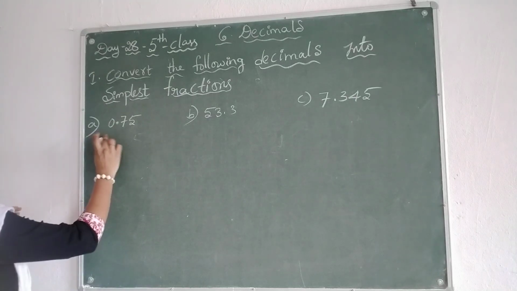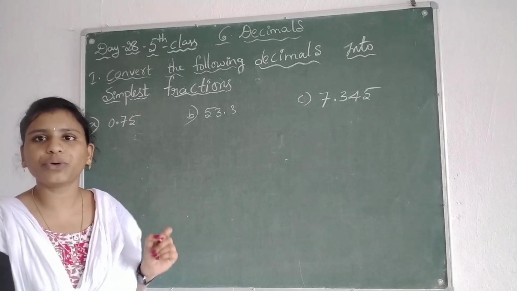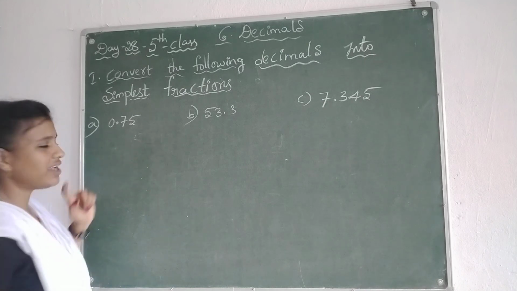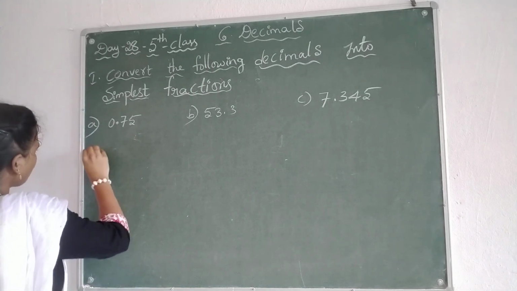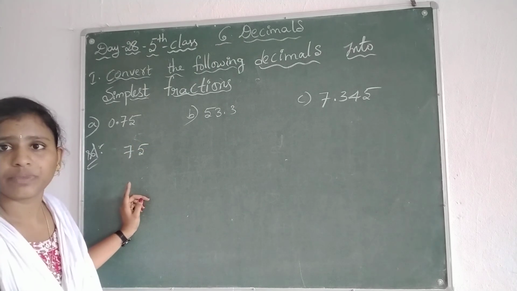That is 0.75. How to write it as a fraction? First write the numerator. The numerator is 75. Right?